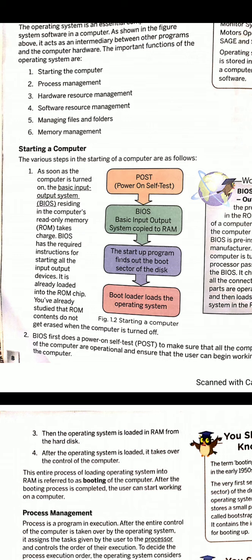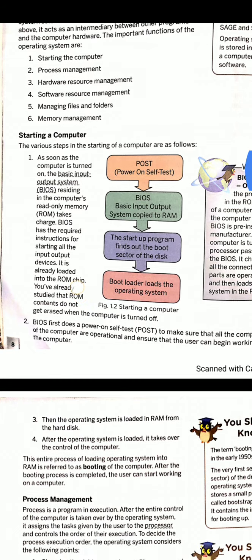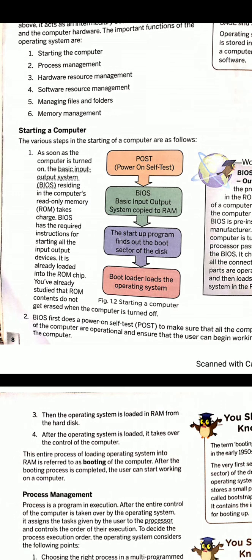First, we should know which is the first process when we start the computer. The first process is POST, power on self test. Then the booting process will be there. So we have to understand step by step how the computer executes in the beginning.